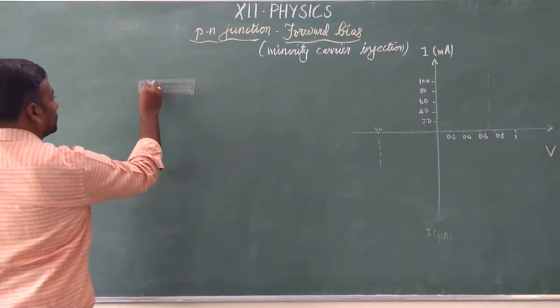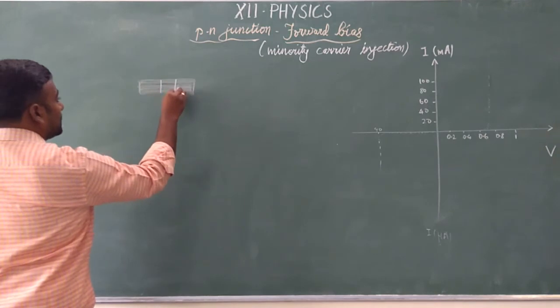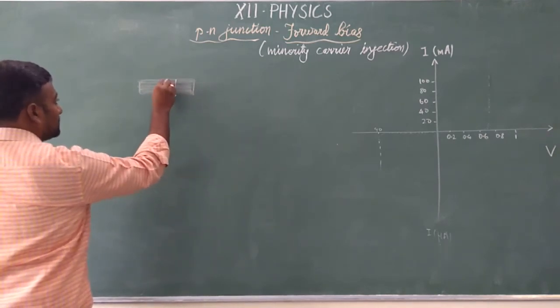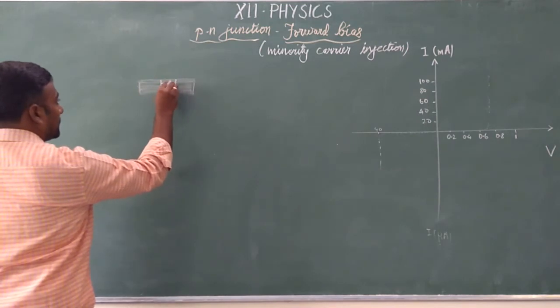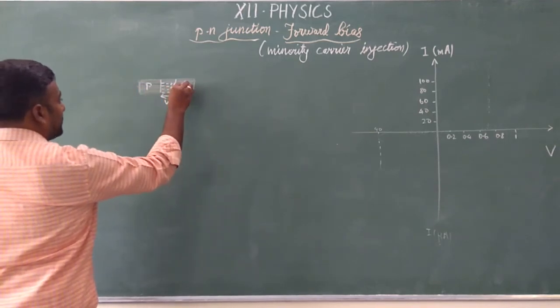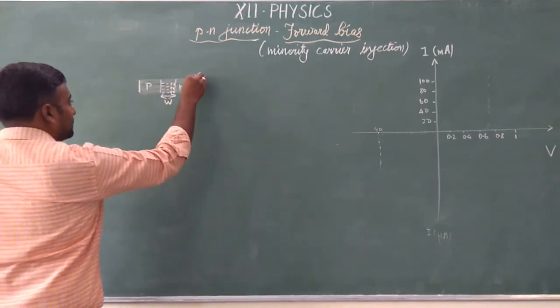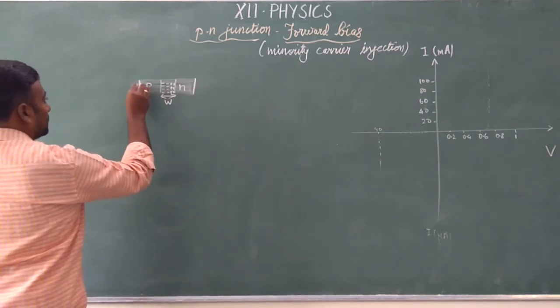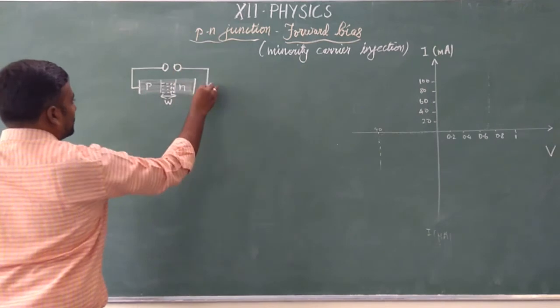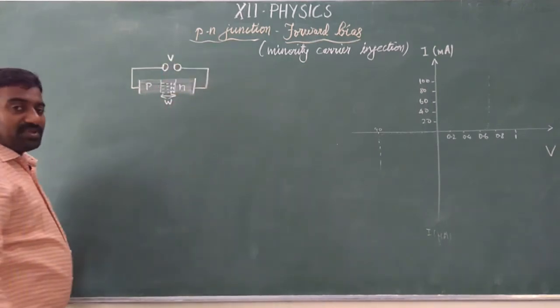This is P, this is N, and this is the depletion layer. The P and N regions connected with metal ends to an external applied voltage is said to be a PN junction.